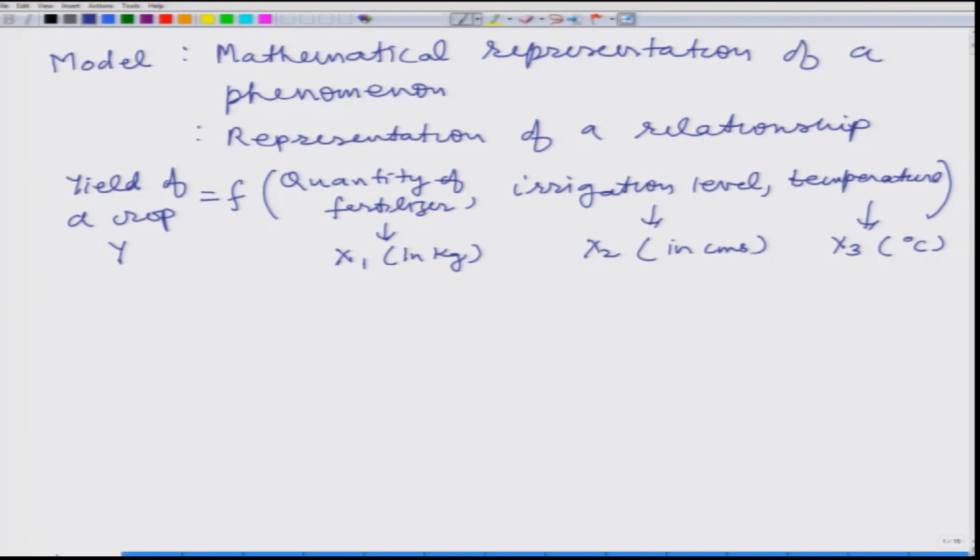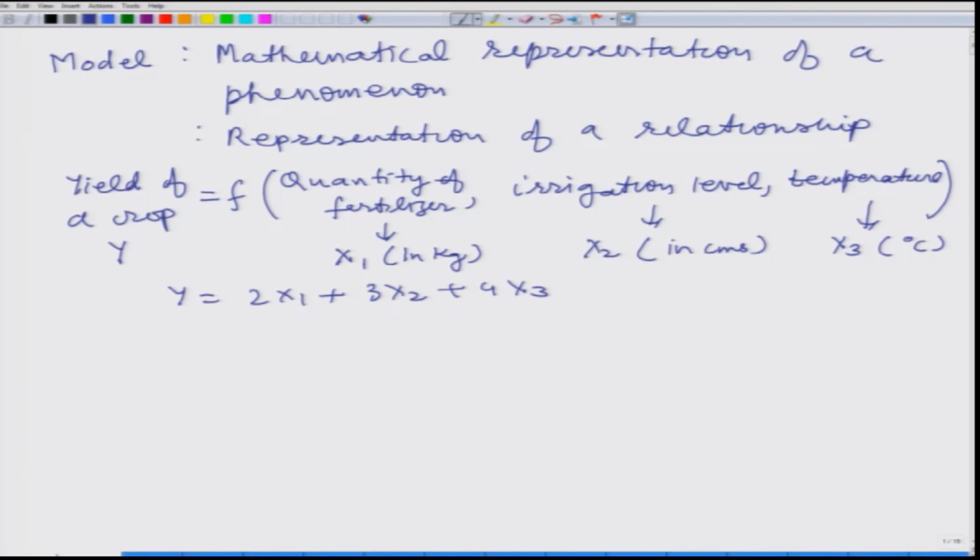So one possible model can be y equals 2x1 plus 3x2 plus 4x3. This is a mathematical relationship between the output, which is the yield of a crop, and three input variables, which are quantity of fertilizer, irrigation level, and temperature, right?